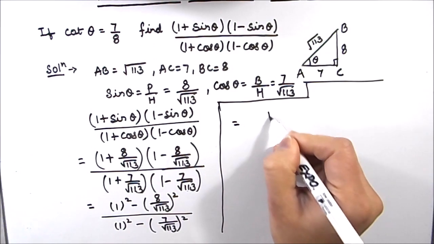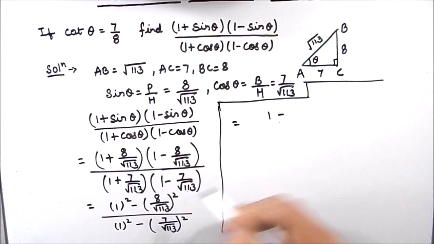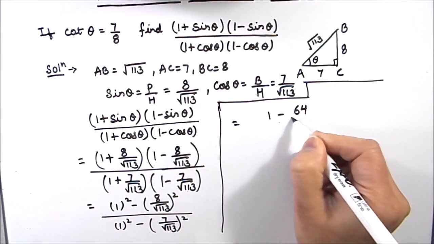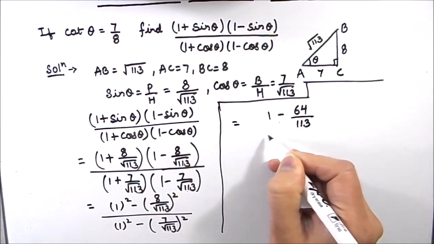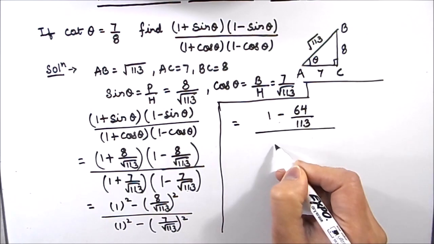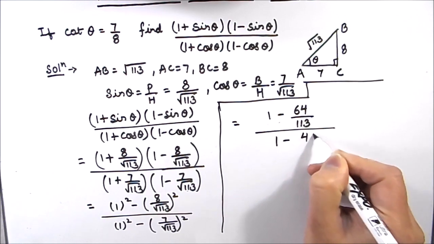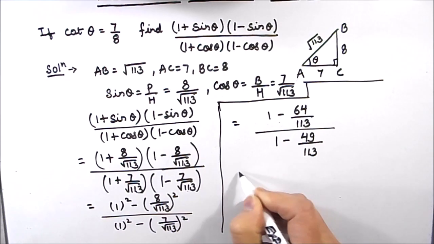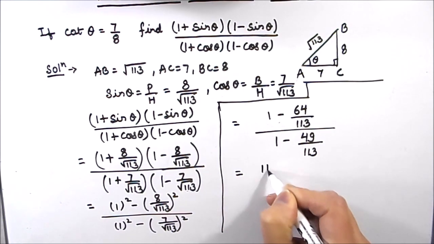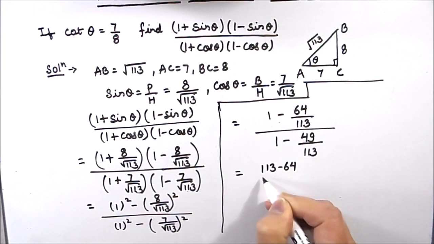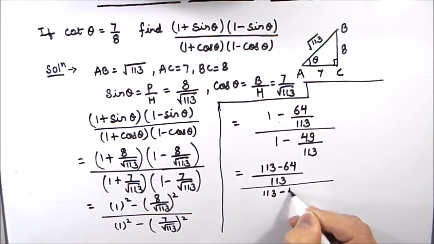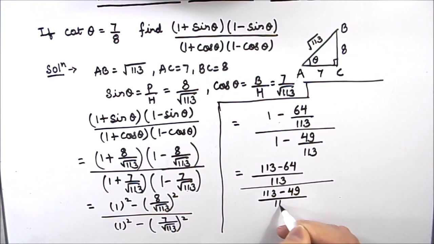So this will be 1 minus 8 square, which is 64, and root 113 square is 113, divided by 1 minus 7 square, which is 49, and root 113 square is 113. So this will be 113 minus 64 divided by 113, whole divided by 113 minus 49 divided by 113.